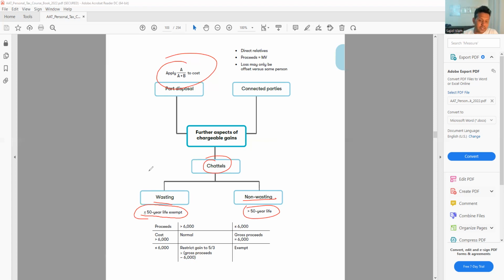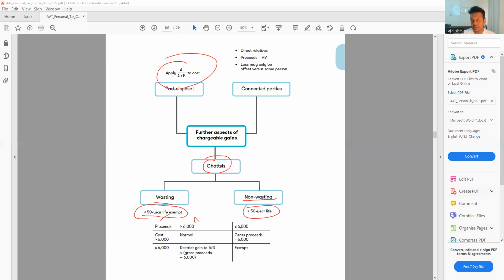So less than 50 years life is exempt. Now we're going to see what types of chattels there are and how we calculate. Chattels are quite tricky. There are a few rules you have to remember, including the 6,000 rule, but if you remember them, it is not difficult. In the exam, definitely at least 2 to 3 marks will come from chattels alone.